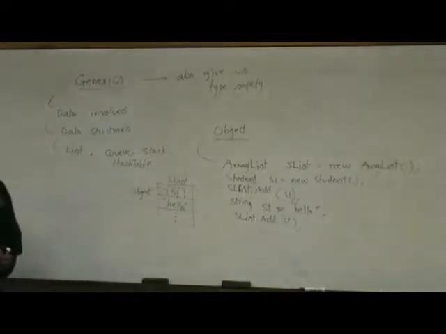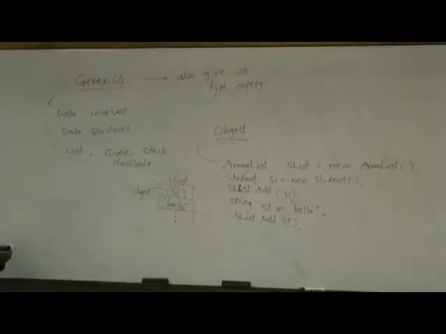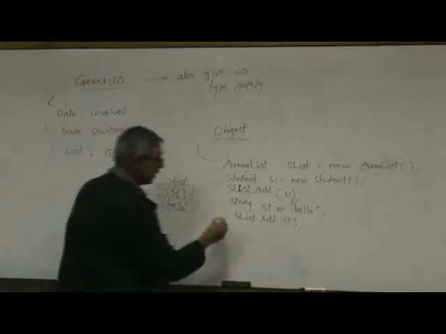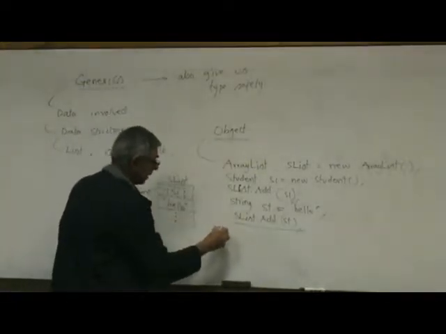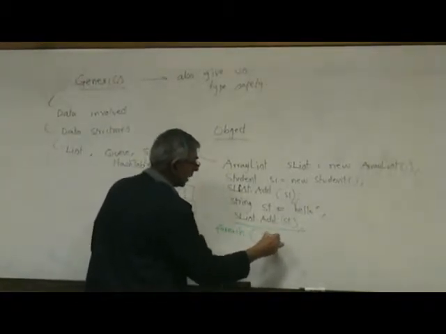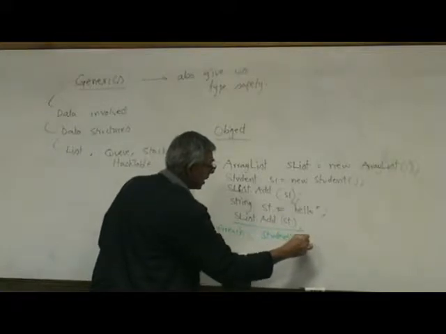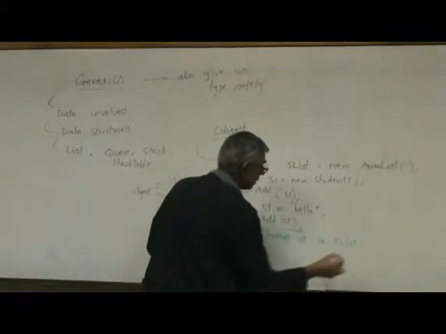So now, if we wanted to write code to go through the ArrayList, and if it's a student, call computeGrade on it, what will our code look like? We will say for each. Can I do something like this? Student st in slist. Will this work?